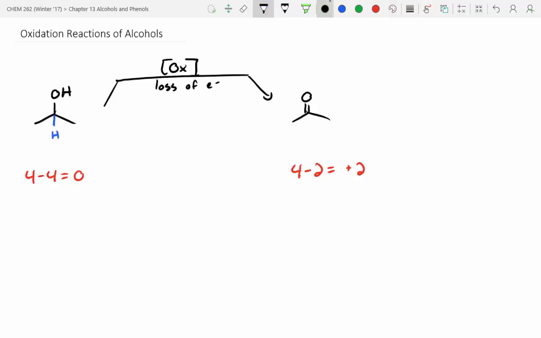And then as we saw previously, you can also do a reduction reaction where you gain electrons and you go in the reverse direction. What reagent would we need to reduce a ketone to a secondary alcohol? Yeah, NaBH4, sodium borohydride.